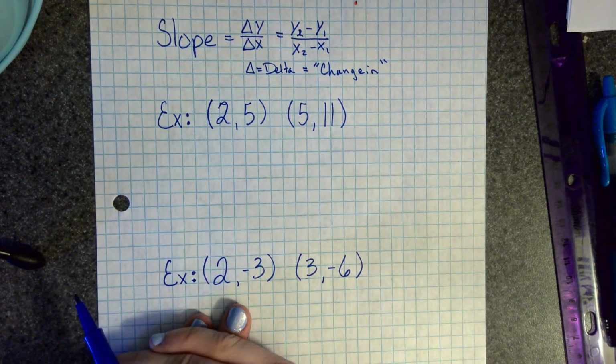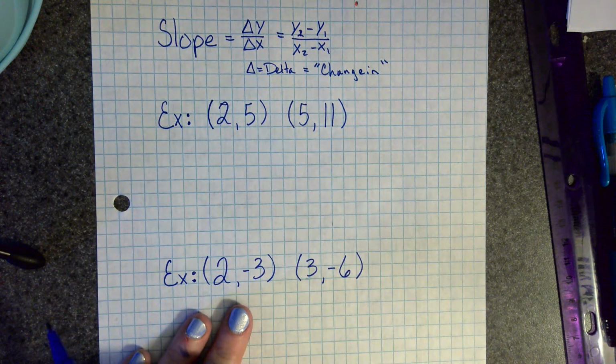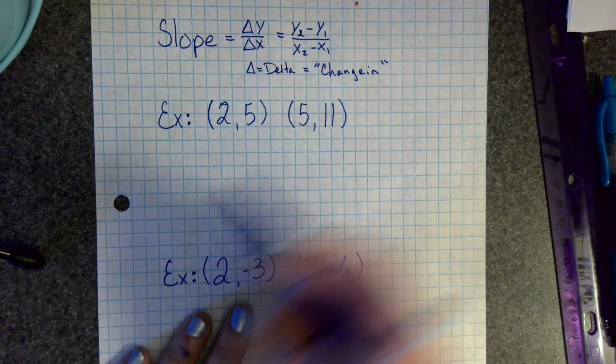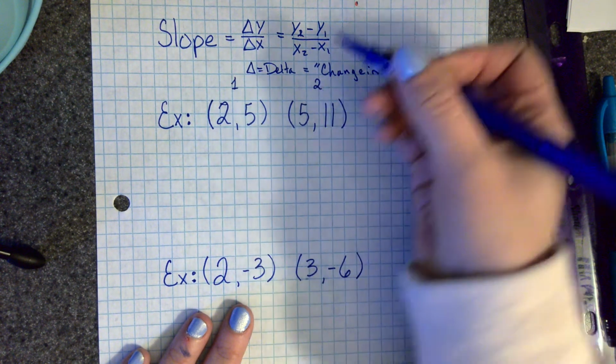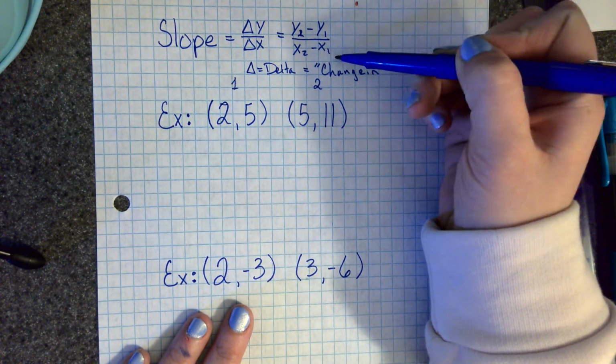So we're going to do that right now. I have an example for you. I have 2 points. These 2 points are on a line, and we're going to find the slope for that line. So what I have here is point 1 and point 2. You'll notice here that my y's have little 2's and 1's, and so do my x's.